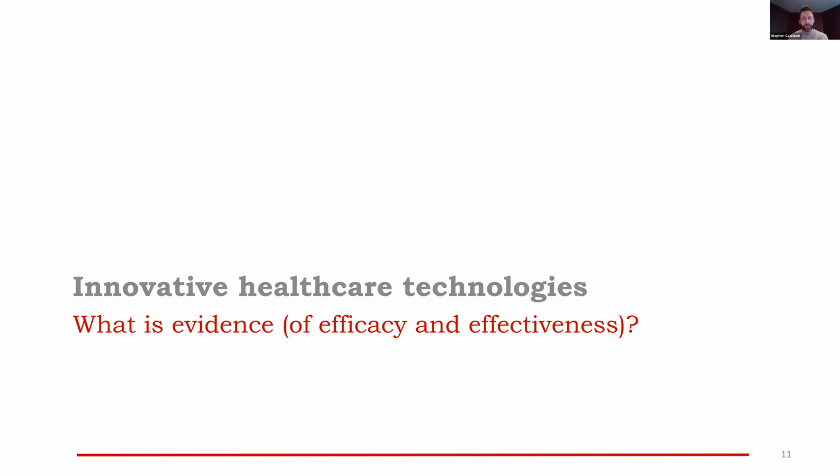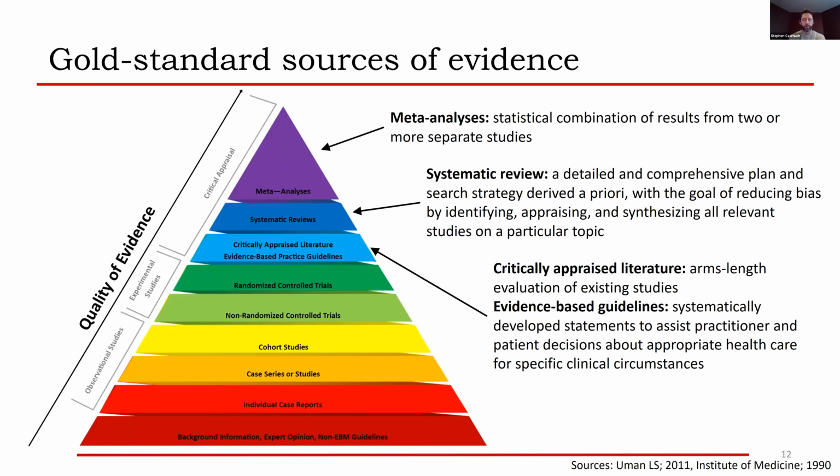So I'm going to briefly skip over this because I'm assuming everybody here is quite familiar with it, but just showing that the evidence pyramid is really focusing on this blue stripe in the middle, the dark green stripe, which is randomized controlled trial, or the light blue stripe, which is sometimes missing from the evidence pyramid, which is sort of this idea of taking randomized controlled trials and synthesizing these data into best practice guidelines, which tend to be a little bit softer.